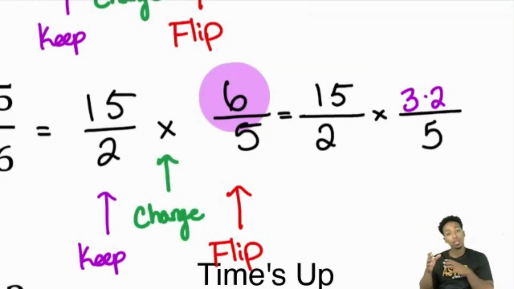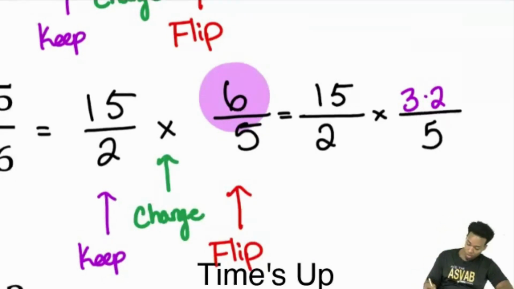Knowing that, if there's a 2 up top and a 2 on the bottom, and we're dividing, they cancel out. Boom, they're gone. And we can do the same thing over here.